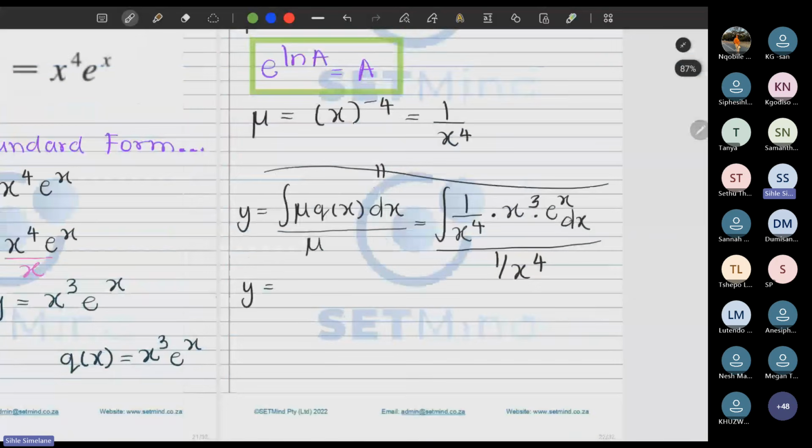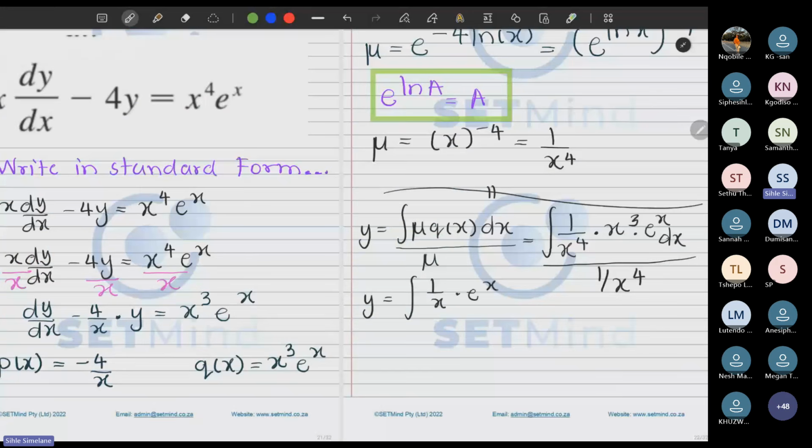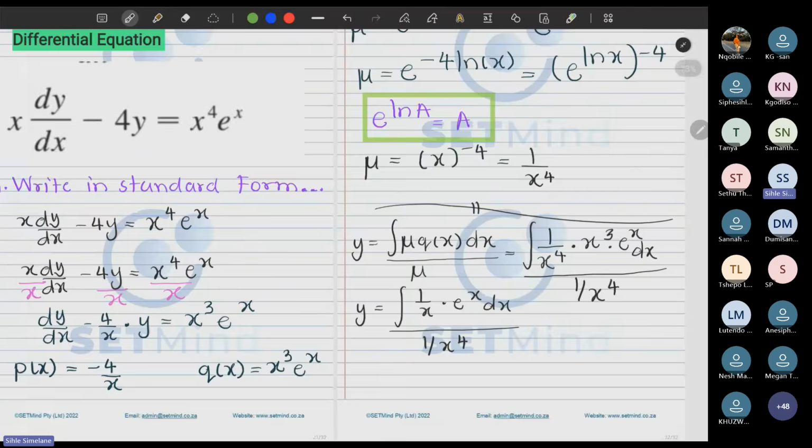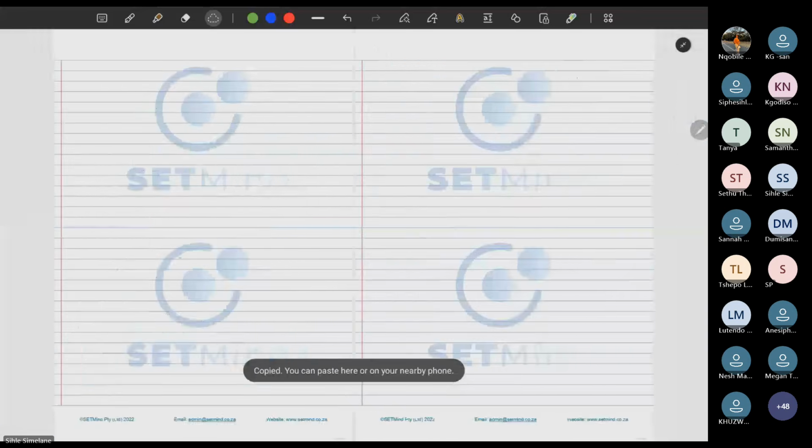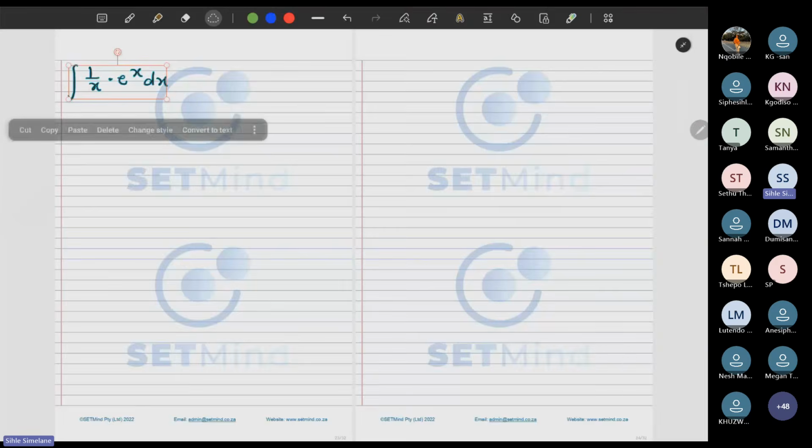So our y will be, thanks for that, the integral of 1 over x times e to the x dx, all divided by 1 over x to the power of 4. So let's go to the next page and deal with this integral. So with this integral, guys, I need your thoughts.